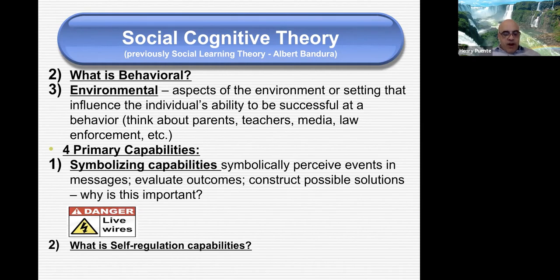So number 3, environmental, are aspects of the environment or setting that influence the individual's ability to be successful at a behavior. So again, think about the person's surroundings, right? Your parents are very important role models in terms of how we're going to grow up as individuals. Our teachers can be very important as well.